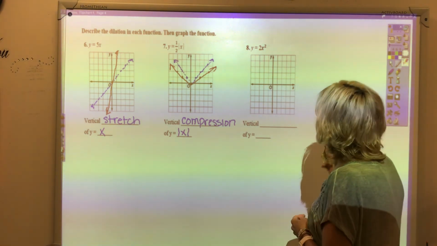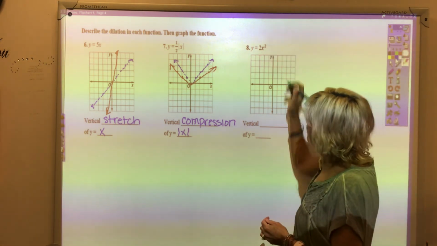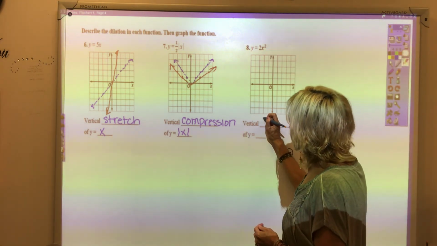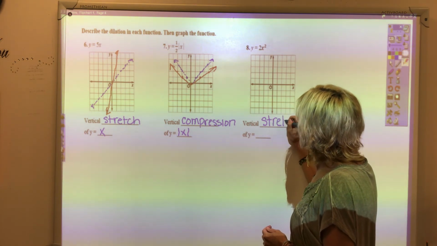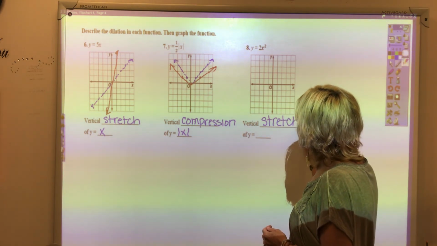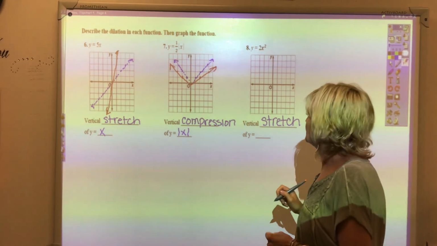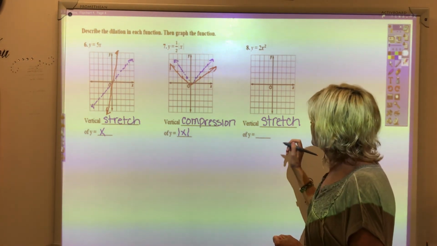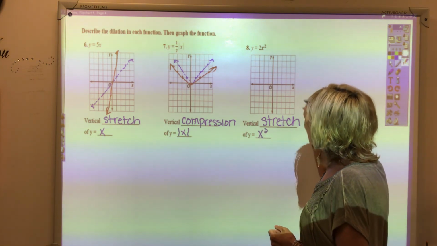The last one is a vertical stretch because we're multiplying by a number greater than 1 or less than negative 1. And the parent function here is y equals x squared. So that's the parabola.